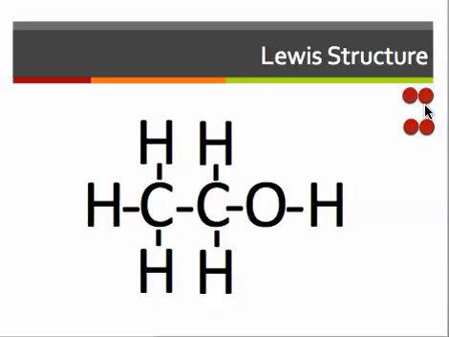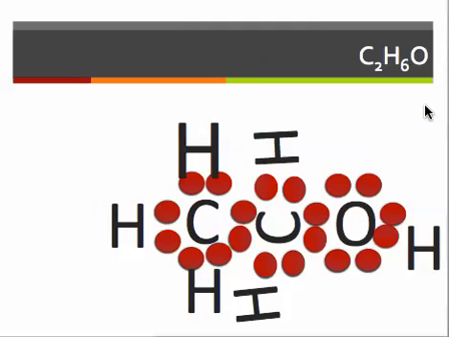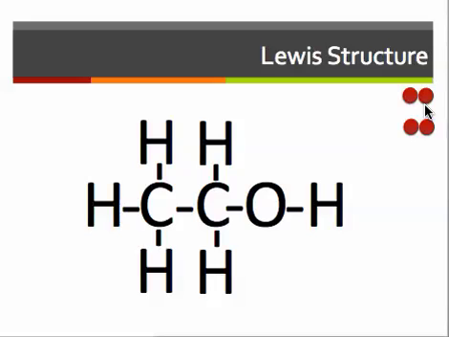This is known simply as a Lewis structure. The structure right here is called a Lewis dot structure because we represent all of the electrons as dots. And this is just a Lewis structure. Wherever we had electrons paired, we draw a line, and so therefore we can say that every line represents 1 covalent bond.